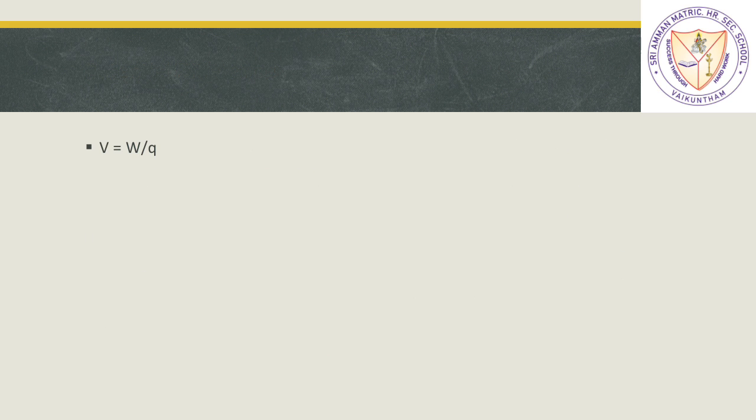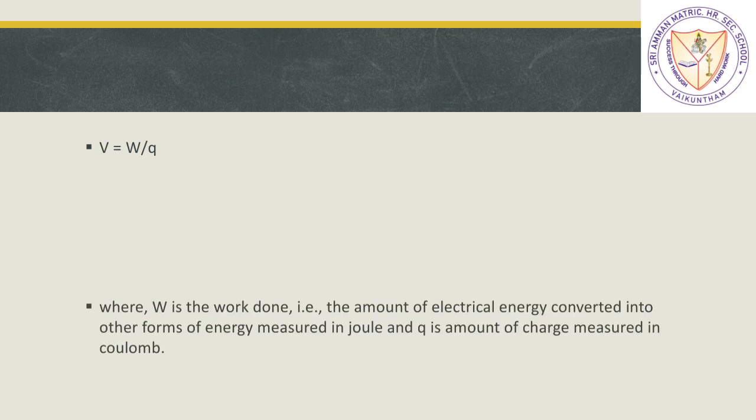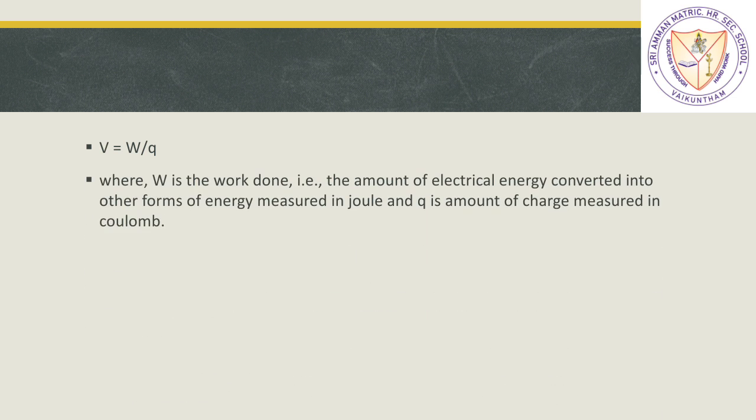So V is also calculated as W divided by Q. Now again, what is this W? Work done in moving 1 coulomb of charge, right? Where W is the work done, the amount of electrical energy converted into other forms of energy, measured in joules.